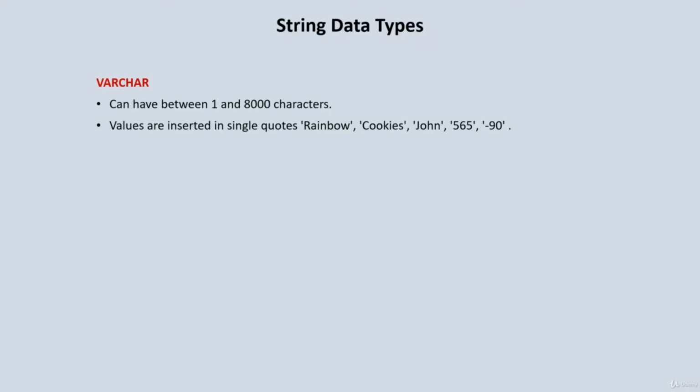Here we have rainbow in single quotes, we have cookies, we have John. Another thing is that with string data types, it can take on both character values and numbers. And all we need to do is to insert the numbers in single quotes. And essentially, even though those are numbers, it becomes a character value.